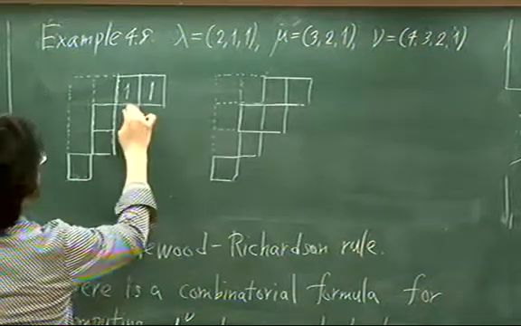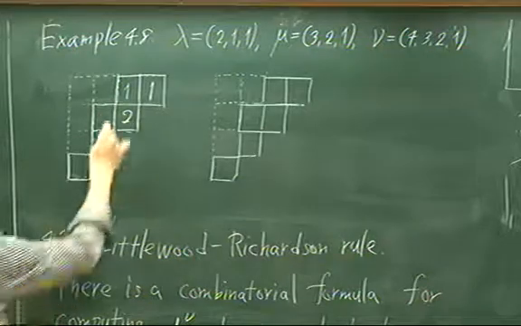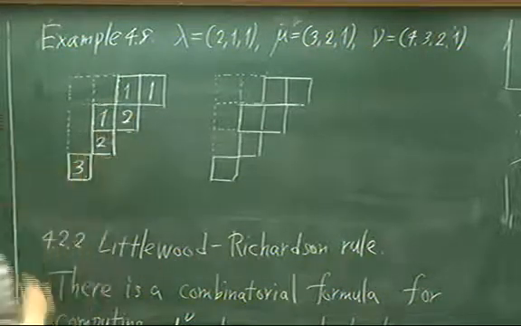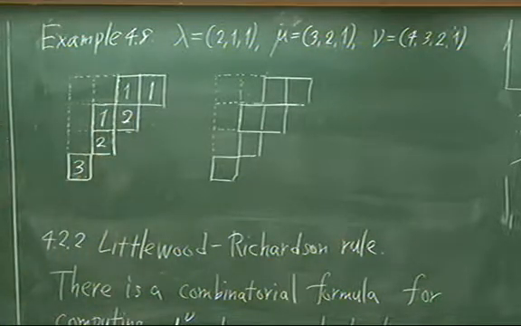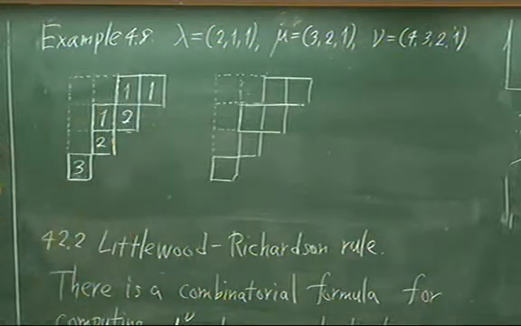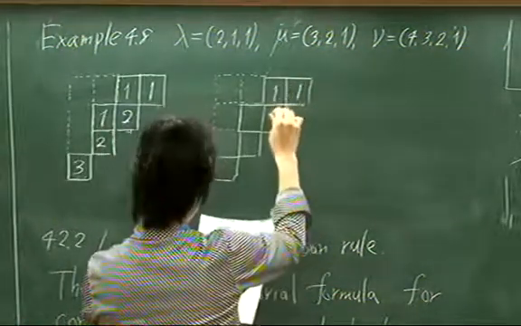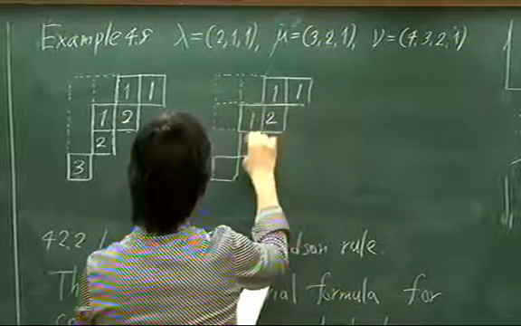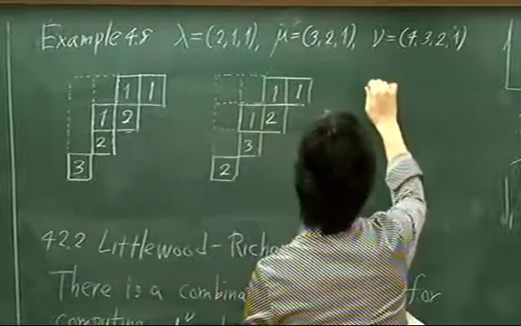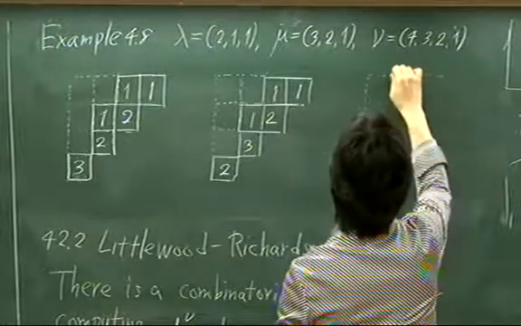So for example, 1, 2, 3, 3, 1, and 2, 2, and 1, 3. Another filling is 1, 1, 2, 1, 3, 2. There are more fillings.